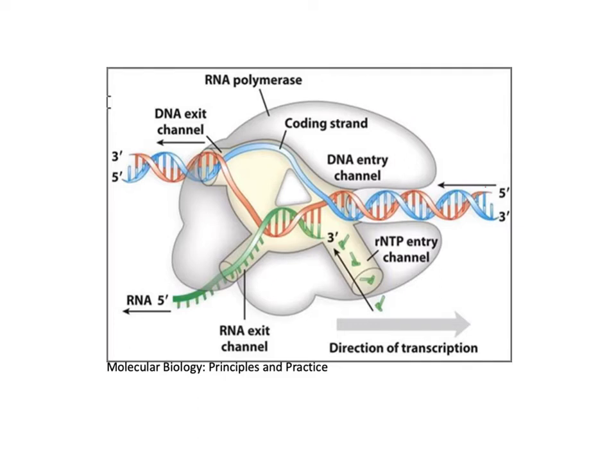So the DNA is going to come in through this section here. It's going to exit here. As it comes in through the entry channel, the strands are melted, they come apart, and then you can synthesize the new RNA that's complementary to this template strand here. And there's also a channel here for the ribonucleotide triphosphates (NTPs) to be able to enter, which are necessary obviously to make the newly growing RNA strand.